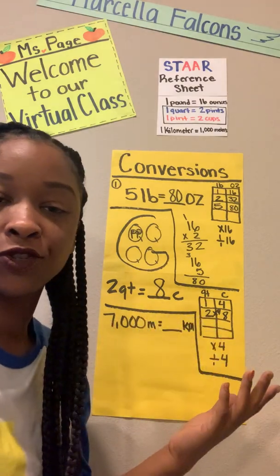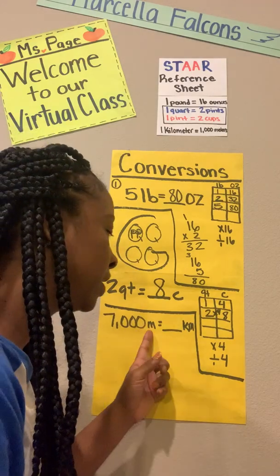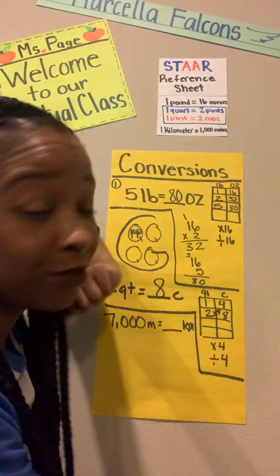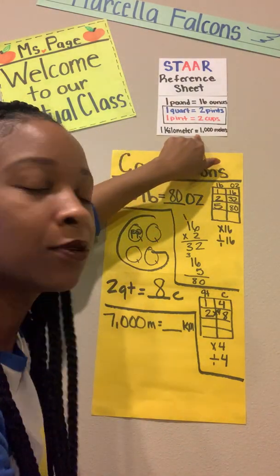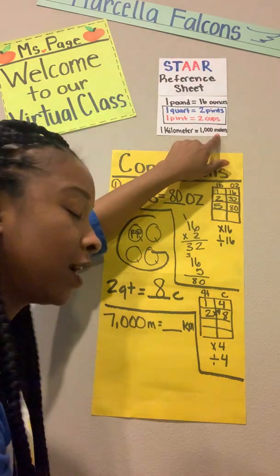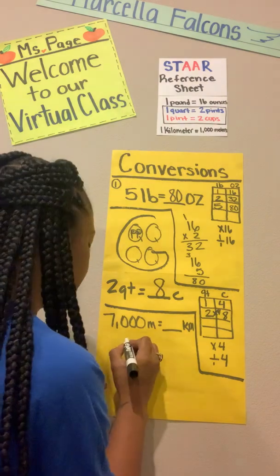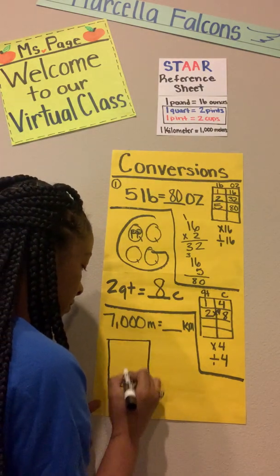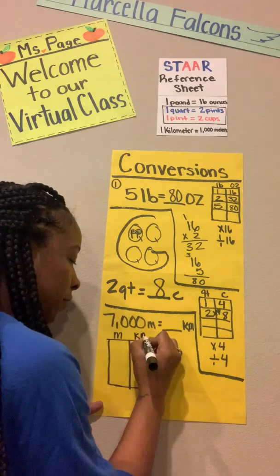So, as you already know, we need to find the relationship between meters and kilometers. I go to my star reference sheet. Oh, look, I saw that 1 kilometer equals 1,000 meters. Next, I need my chart. Keeping it the same, meters, kilometers.